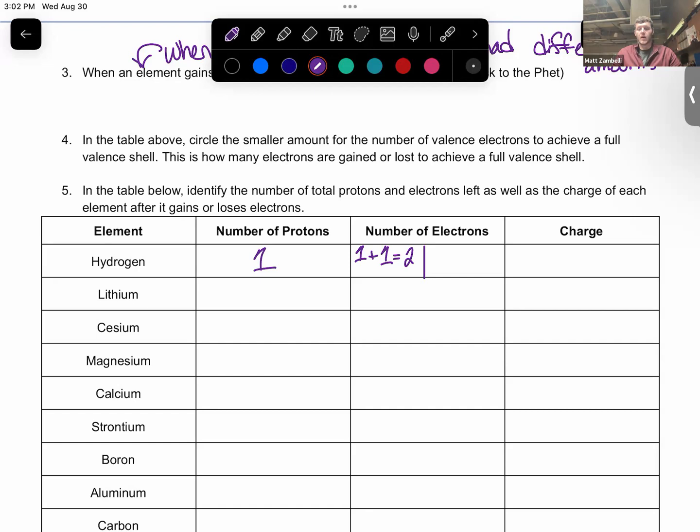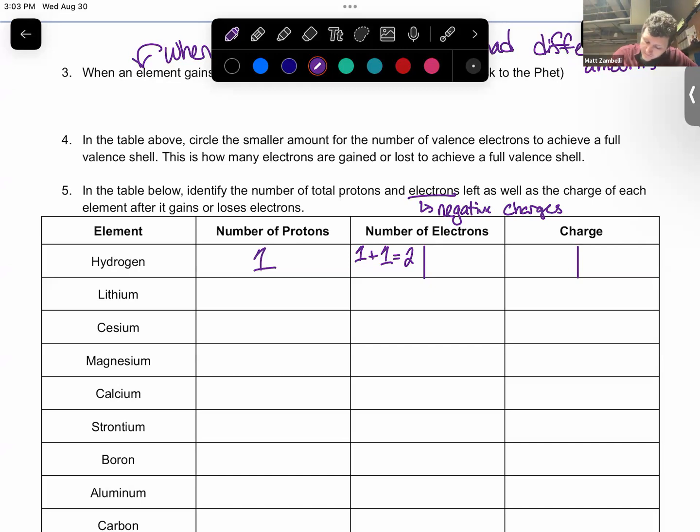Okay. So now, if hydrogen gained 1 electron, remember electrons are negative charges. So if it's a negative charge, that means it's going to become negative when it's getting an electron. I know it's a little backwards from what adding means to us normally, but when we add an electron, we're adding a negative charge, right?